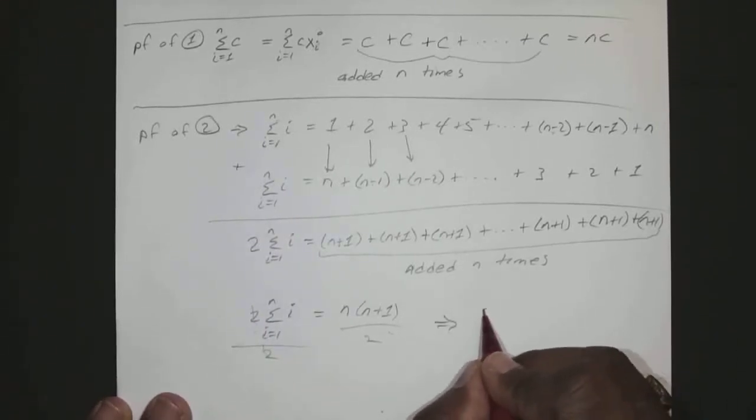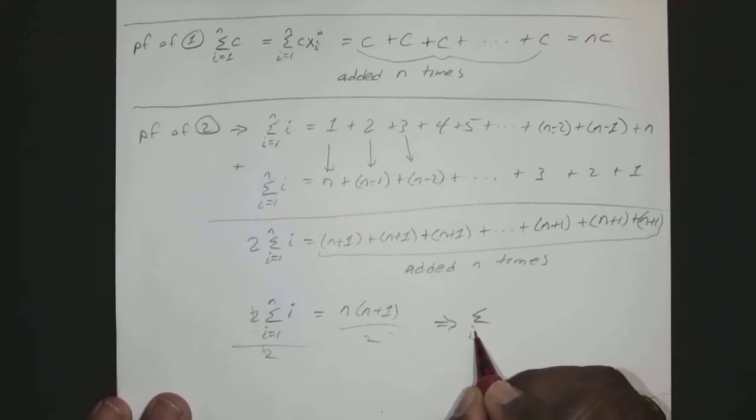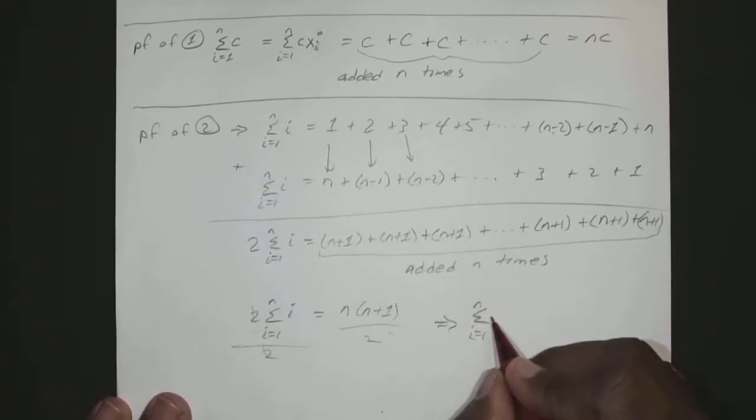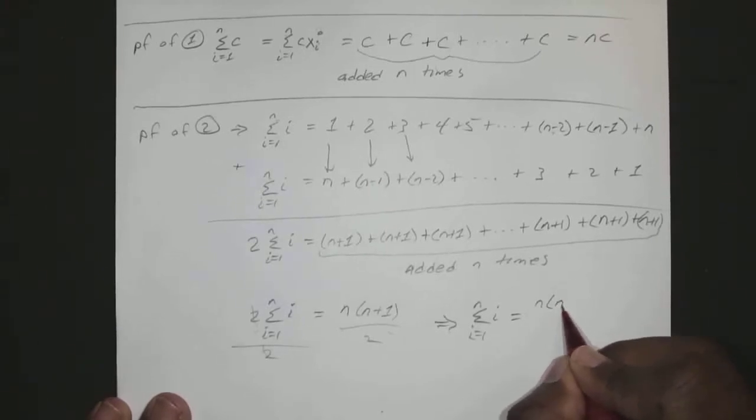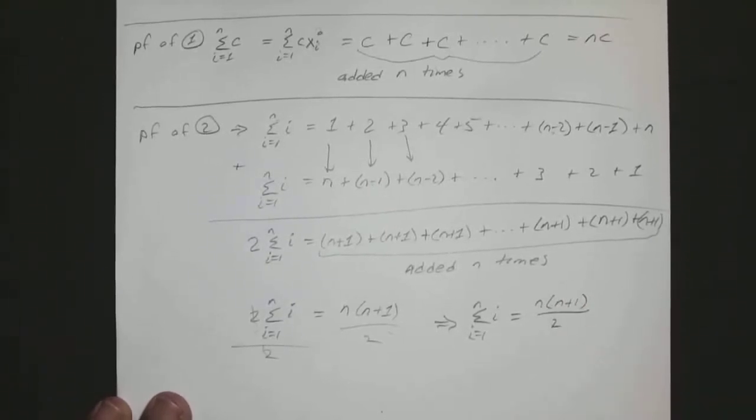So you end up with the sum from i equals 1 to n of i is equal to n times n plus 1 divided by 2. Basically, we just converted from a summation of i to a function of n.